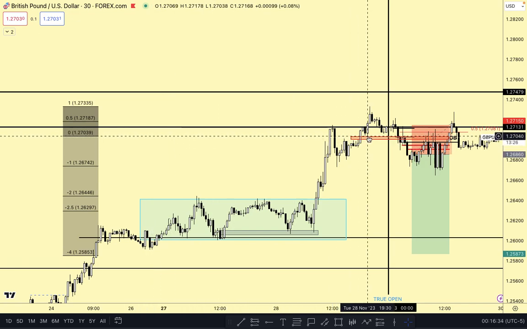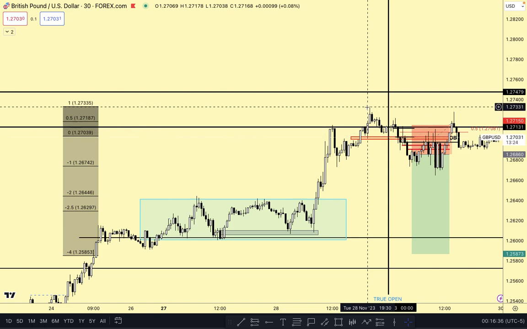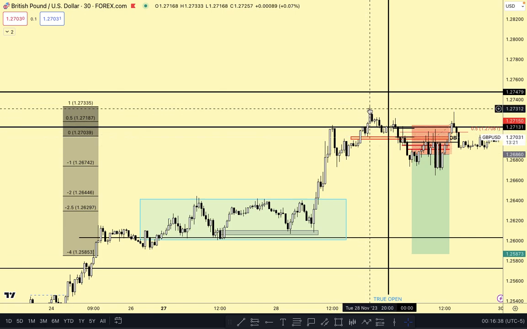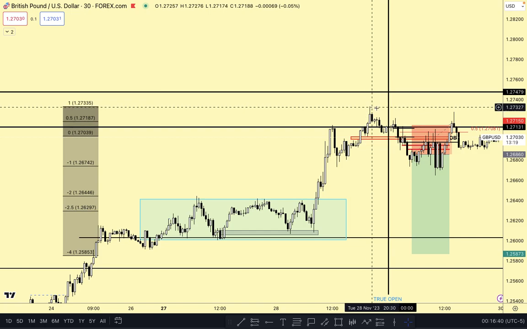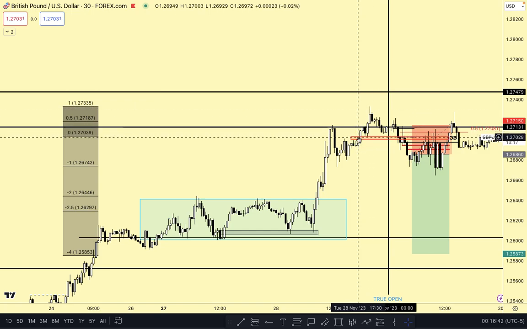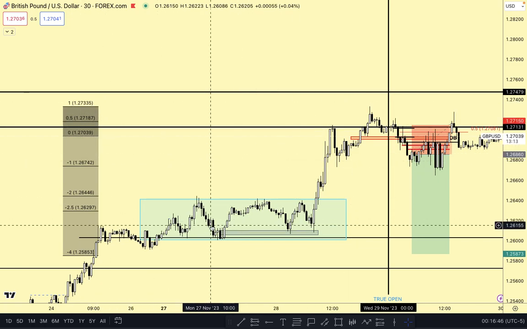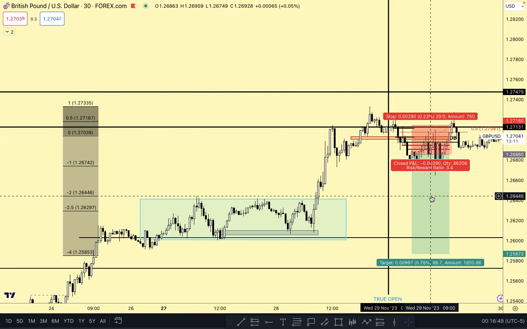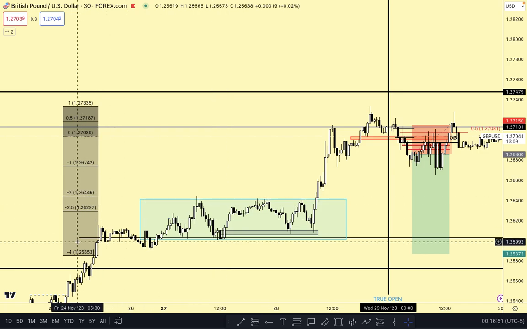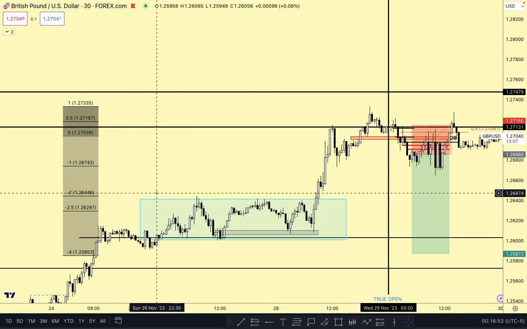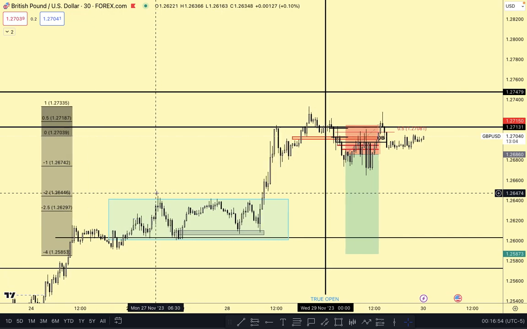Low over there, and then the high over there. So I put it at the top and then pulled it down to that low, and then I got my levels there. So I was expecting this to shoot down, but clearly I still have much studying to do.